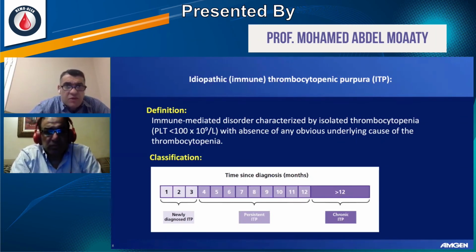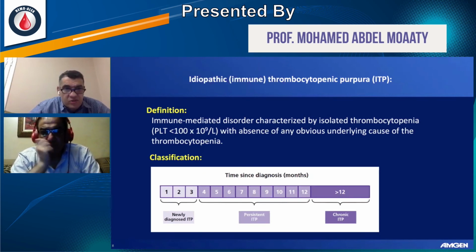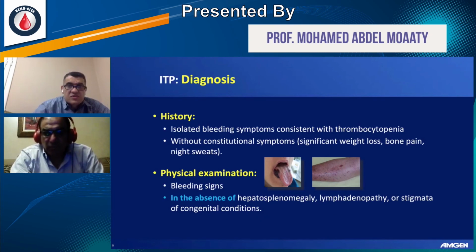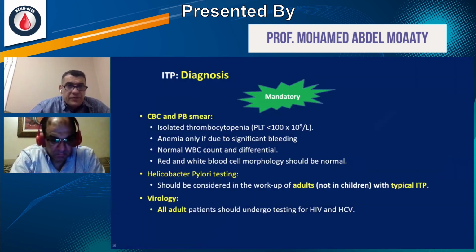As mentioned by Professor Ashraf, ITP is defined as a platelet count less than 100 in the absence of an obvious underlying cause of thrombocytopenia. It can be newly diagnosed, persistent or chronic ITP. The patient came with bleeding from any orifices, without any substantial or constitutional symptoms like weight loss or bone pains.